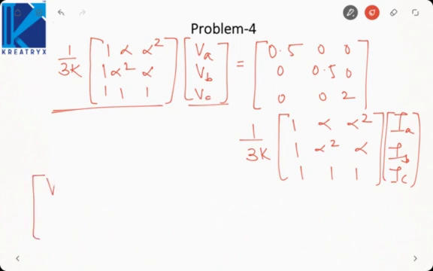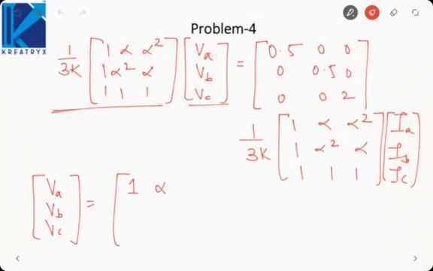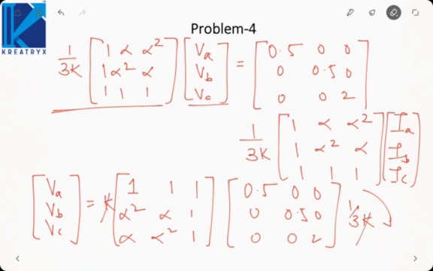So VA, VB, VC will be [1 1 1; alpha square alpha 1; alpha alpha square 1] into K into [0.5 0 0; 0 0.5 0; 0 0 2] into 1 by 3K is also there, then this matrix. Now K gets cancelled out, 1 by 3 will come outside.